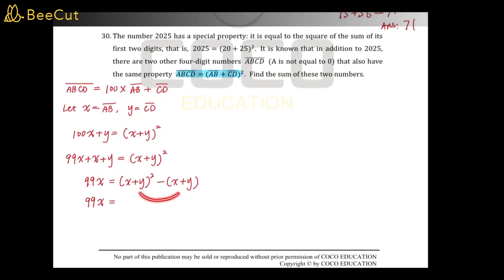Now we group them together. The common factor is X plus Y. The front part is X plus Y times X plus Y. The second one is X plus Y times 1. So there's minus 1.